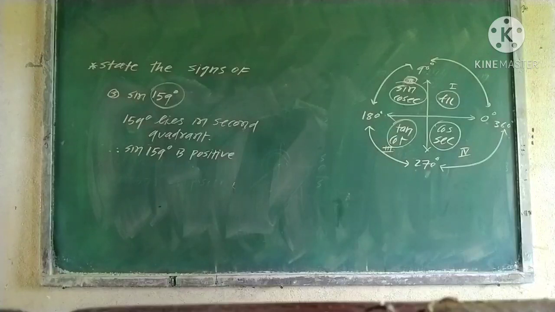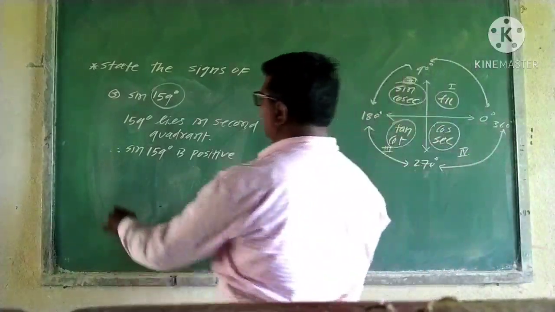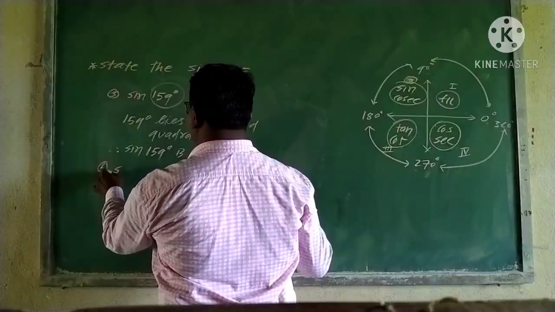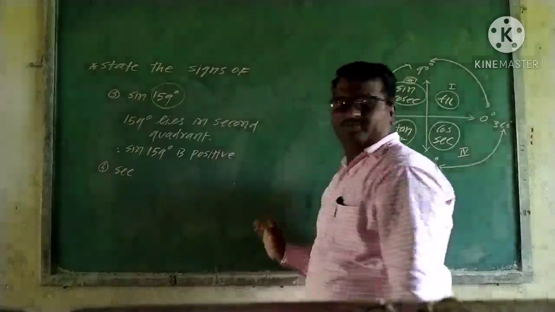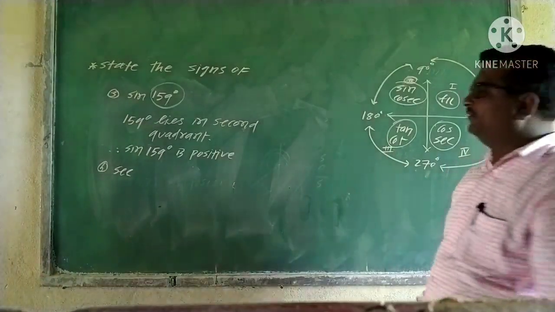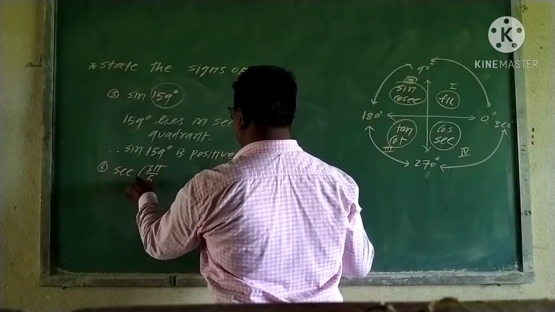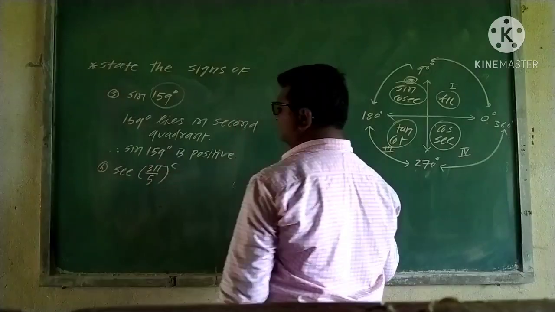Now we have the fourth example, sec of 3 pi upon 5 radian.